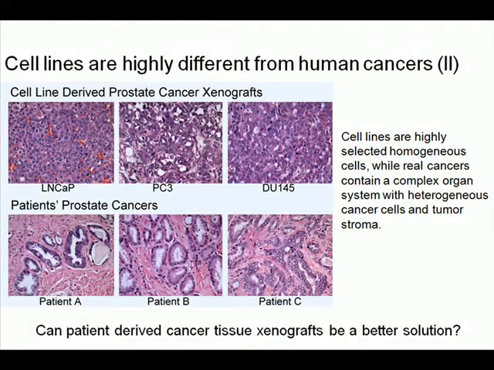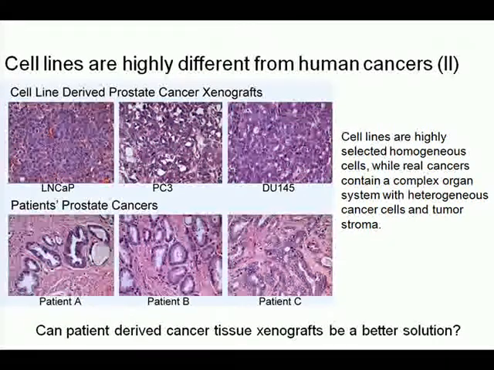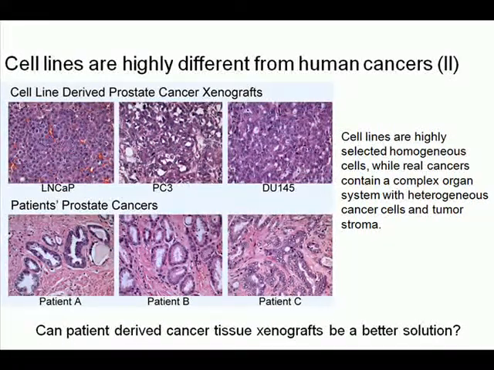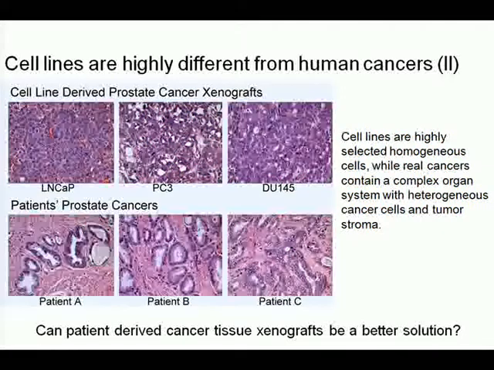So one idea is: can patient-derived cancer tissue xenograft be a better solution? Outside the patient, what could be the most relevant model of a patient tumor? Probably the patient tumors themselves are the best.